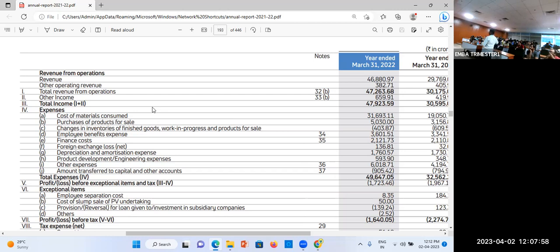If sales is there, you have to write it in revenue from operation or revenue from sales. What is the third one, sir? Total revenue, total income. Next, point number 4 is expenses.